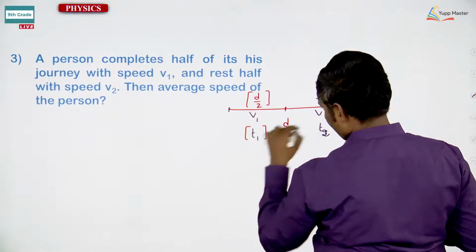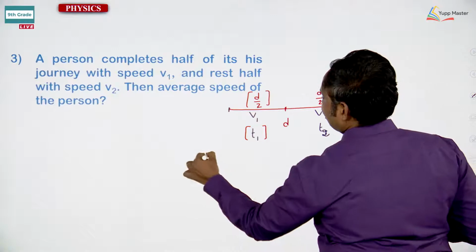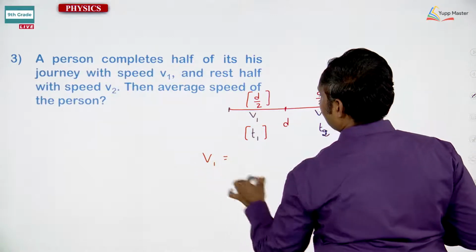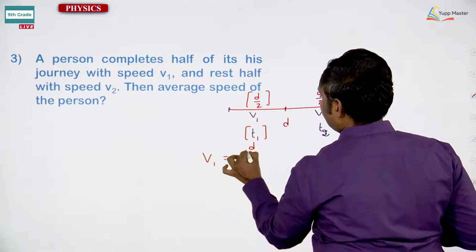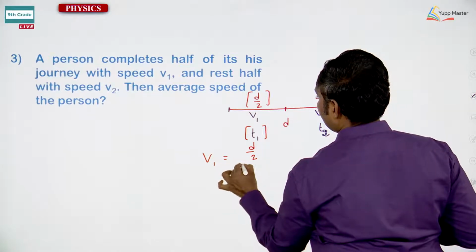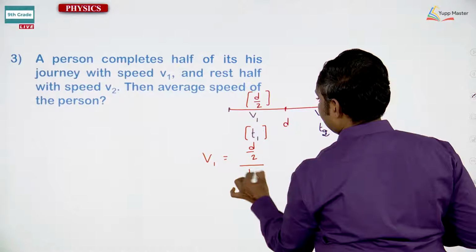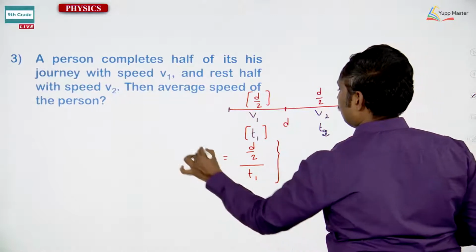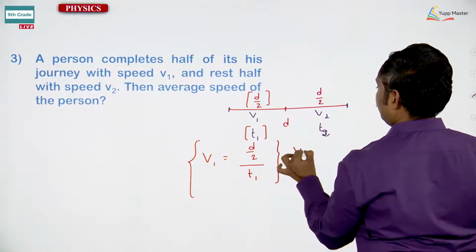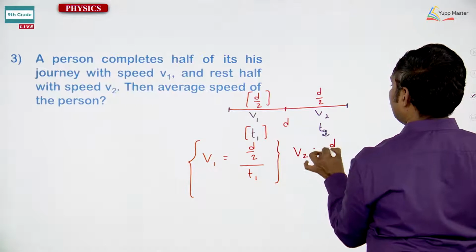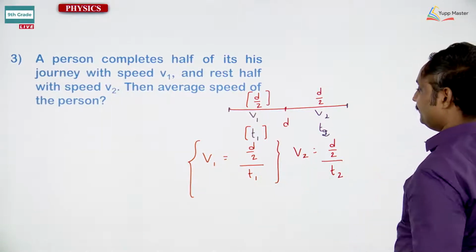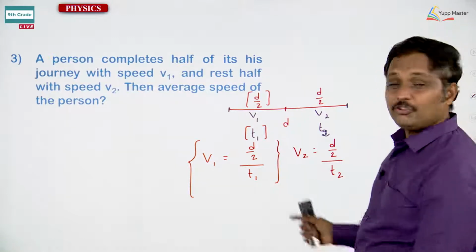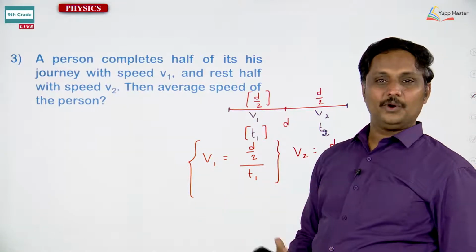We know that v1 is equal to d by 2 upon t1, and v2 is equal to d by 2 upon t2. This is from the general formula.